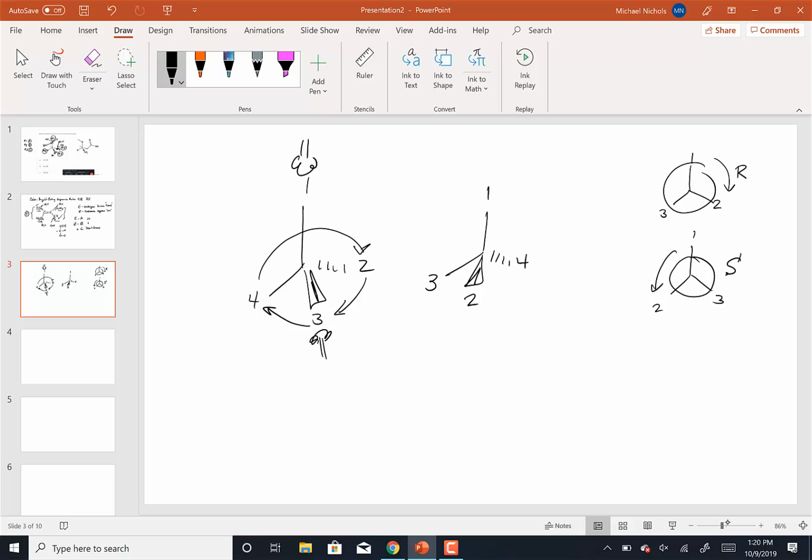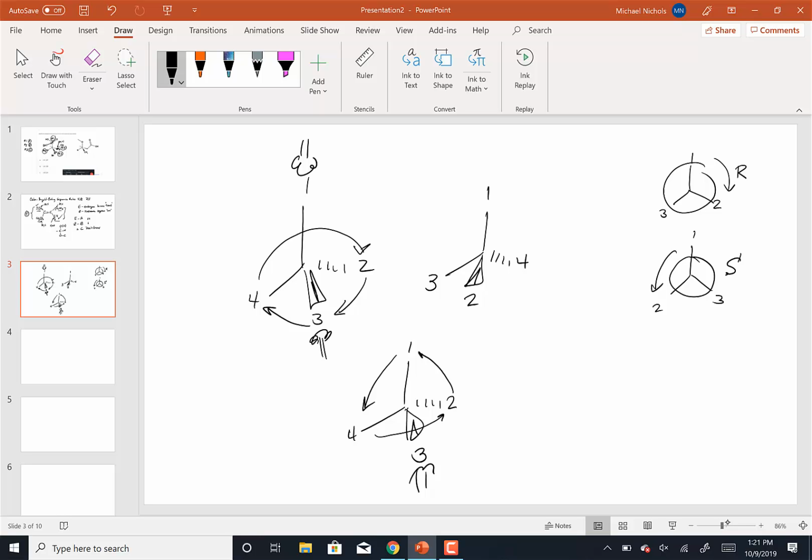And if I grab 3, I can rotate 1, I can rotate 4 into 2, 2 into 1, and 1 into 4. So in other words, I'm grabbing it, now I'm rotating it that way.